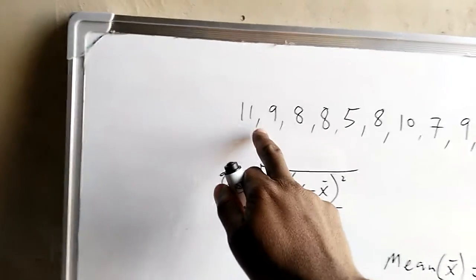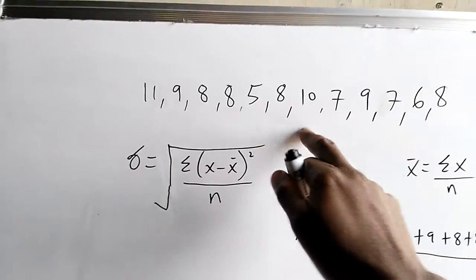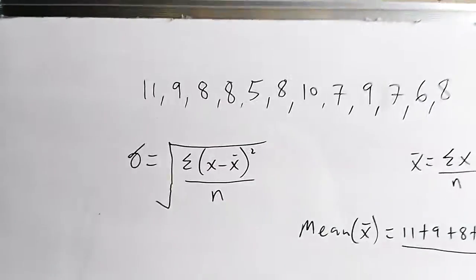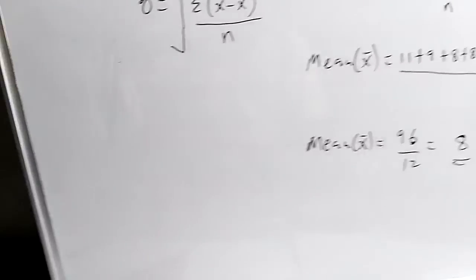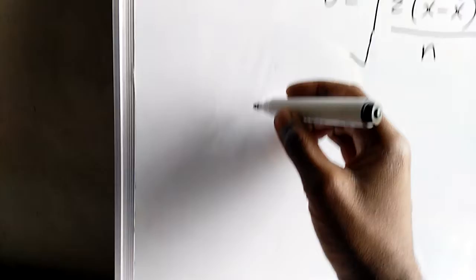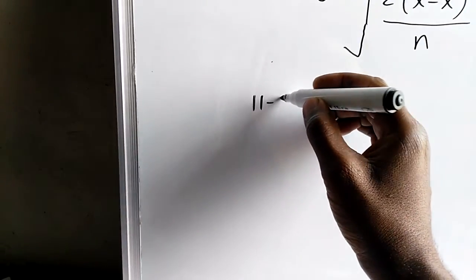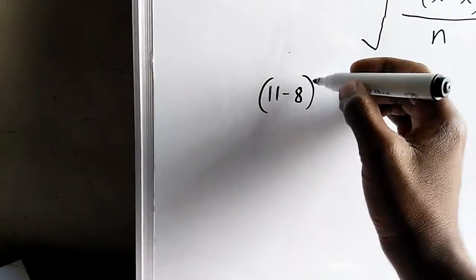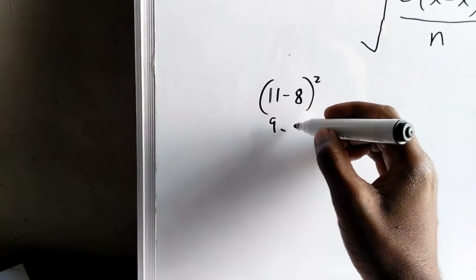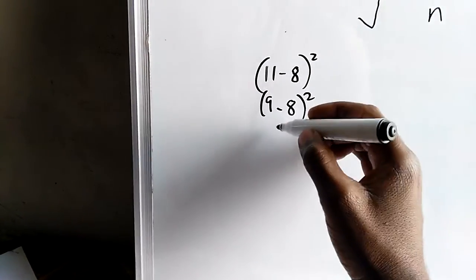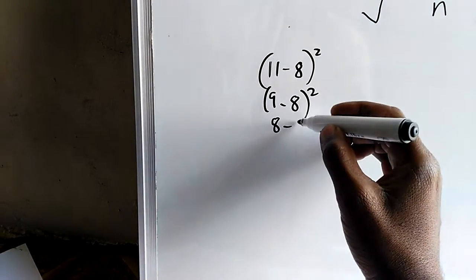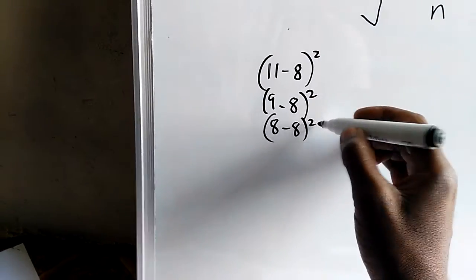So we'll use our mean. We'll take away each and every one of these numbers, take away mean after squaring. We'll therefore get the sigma. And so 11 take away mean, square. 9 take away mean, square. 8 take away mean, square.